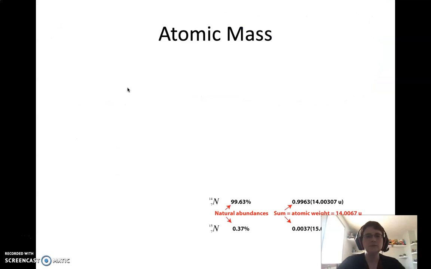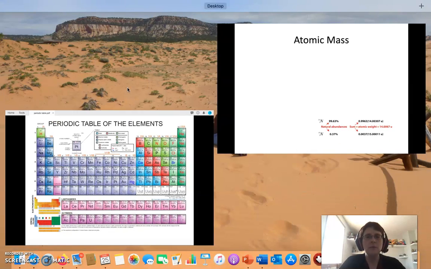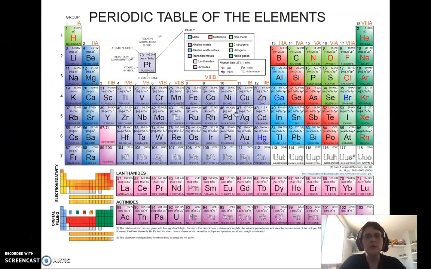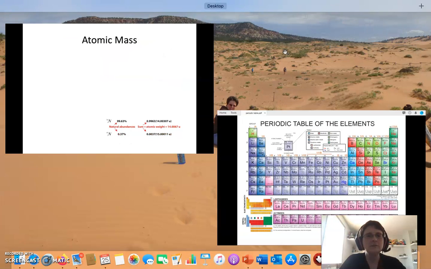All right, so atomic mass, we've already sort of looked at this. So the atomic mass is the bigger number here in the box. So atomic number is the smaller one. So in this case for boron, 5. And then atomic mass is the bigger number. So 10.811 for boron.